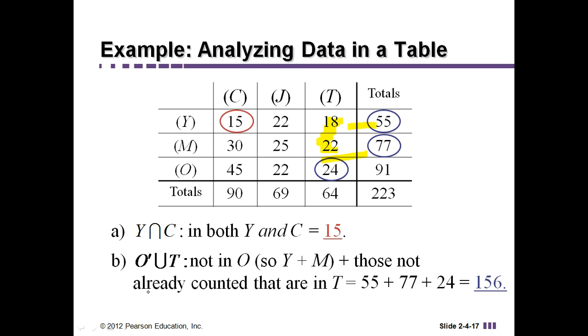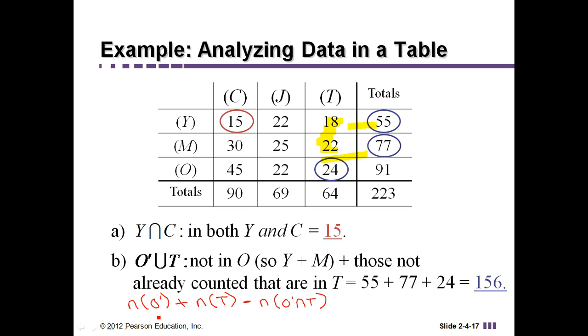So if I use the cardinal value formula, I can do the cardinal value of O complement plus the cardinal value of T, and then subtract out the cardinal value of the intersection of O complement intersected with T.